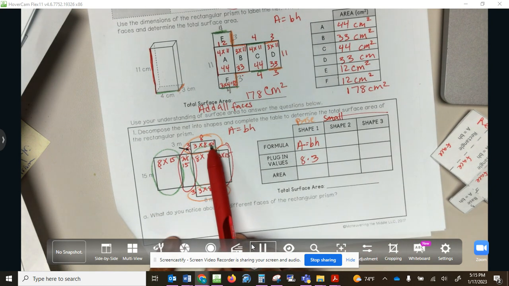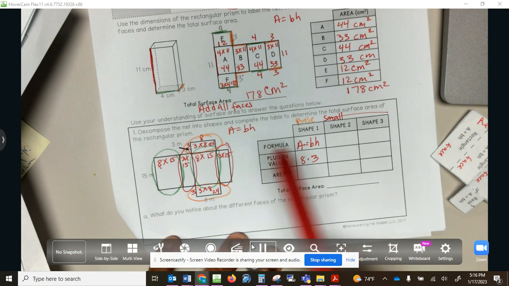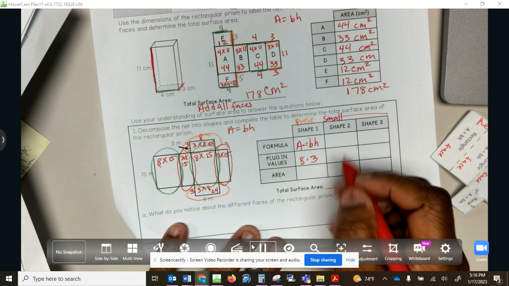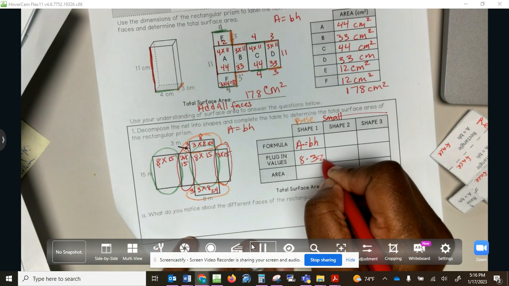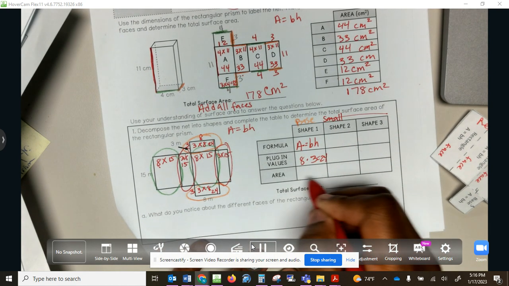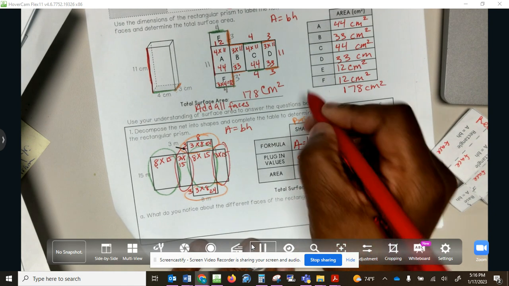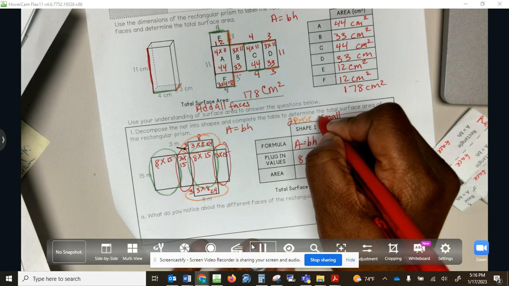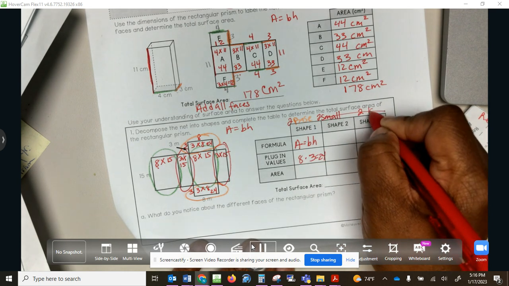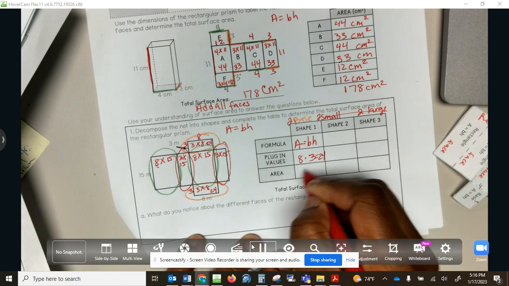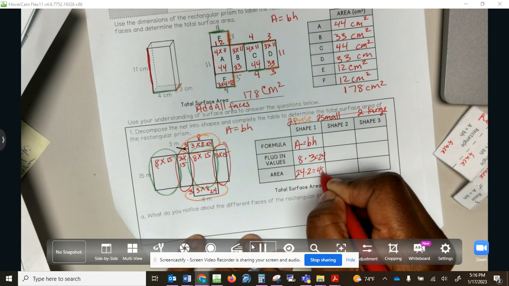And it's not just 24, because it's another 24, because there are 2 of those. So I can say the area of just the 2 bases, because there's 2 base, 2 small, and then 2 larger rectangles, is 24 times 2, which is 48.